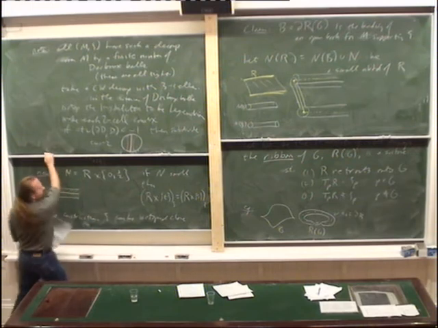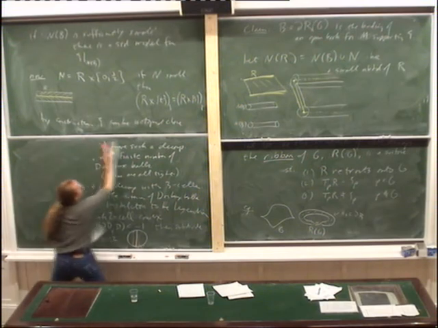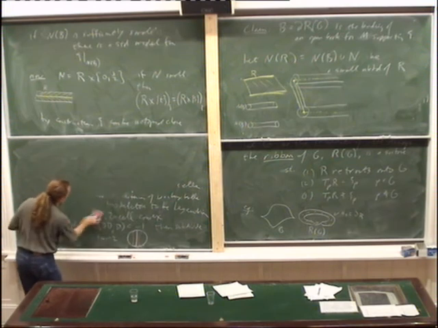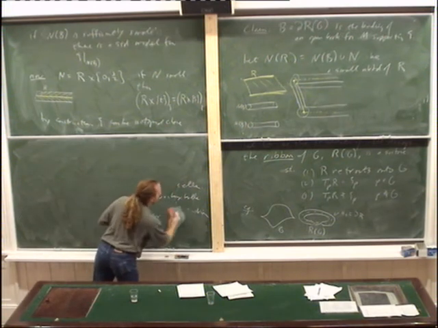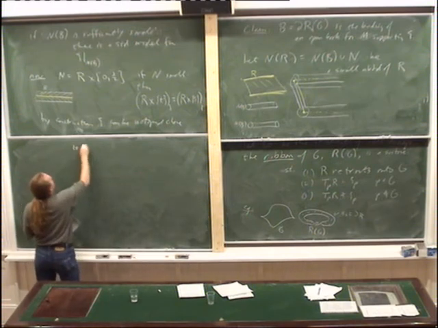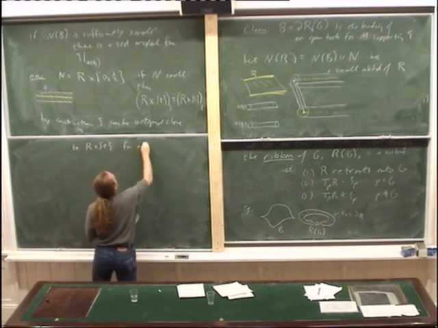Well, I guess you probably can't read that when I move it up. So C can be isotoped close to R cross T for all T.